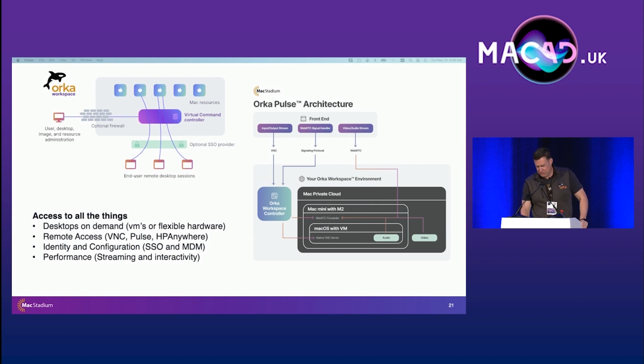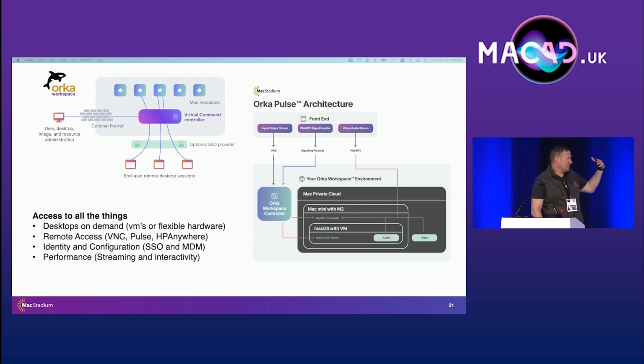Once you get your stuff orchestrated and virtualized, though, you want to have access to all the things. So what does that mean? Well, if your pipeline's running in the background, it's going to run and spit back results, but you have repositories, you have caches, you have virtual desktops, you have test environments. So you want to provide your users ways to access those things, and that could be old school VPN tunnel with SSH or VNC.